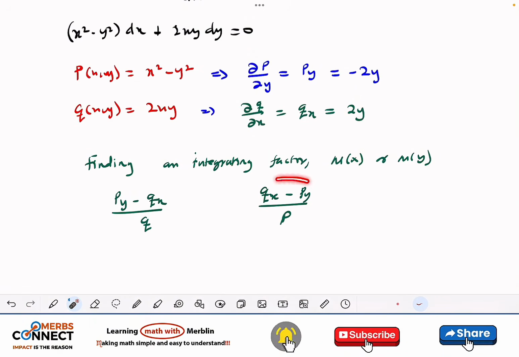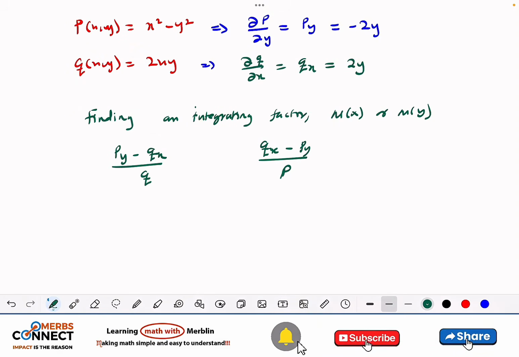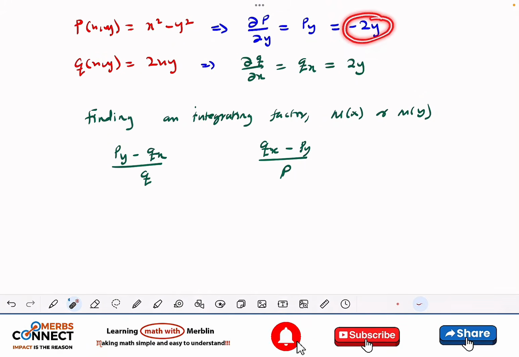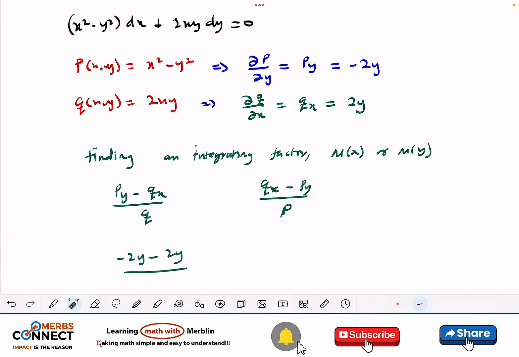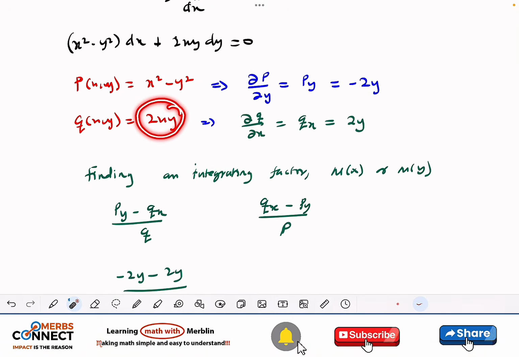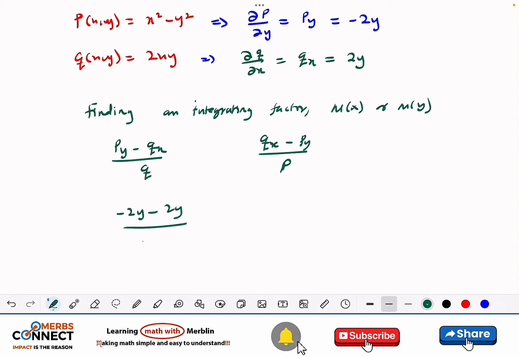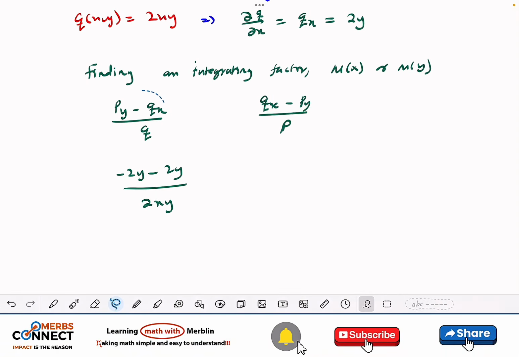If this one gives us only one function, then we use this approach. If that one gives us only one function, then we use that approach. So let's go through and see. What is p of y? P of y is this. So I'm going to have minus 2y minus q of x, minus 2y, divided by q. What is q? Q is 2xy. Let's see what we are going to get from this.